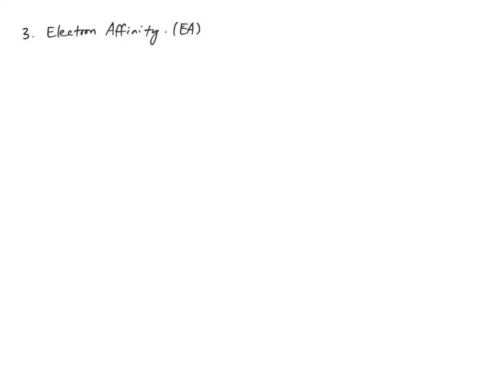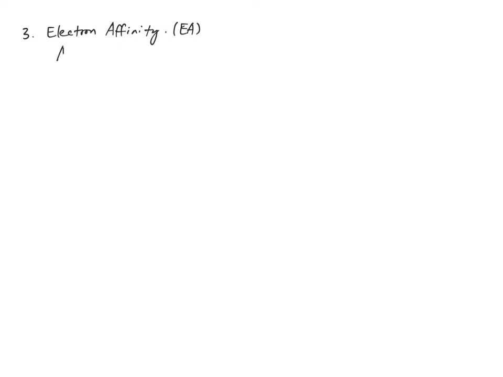What if I'm trying to put one more electron onto the valence shell of a given atom or ion? If taking away electrons is an energy absorbing process, then adding an electron is going to be an energy releasing process, right?